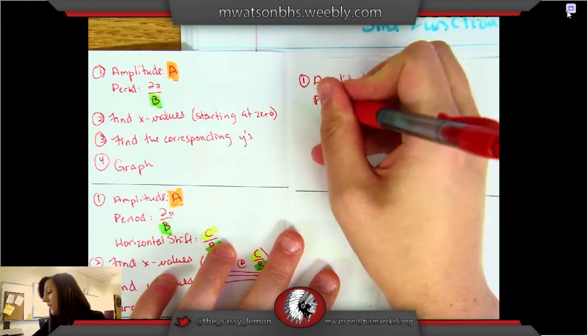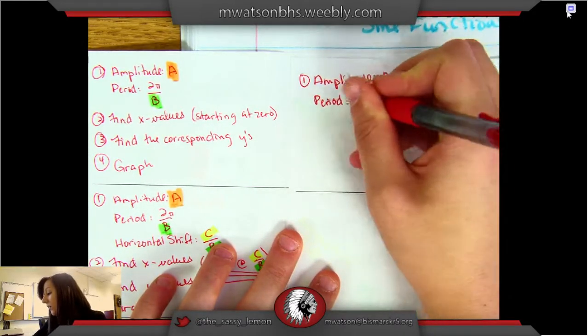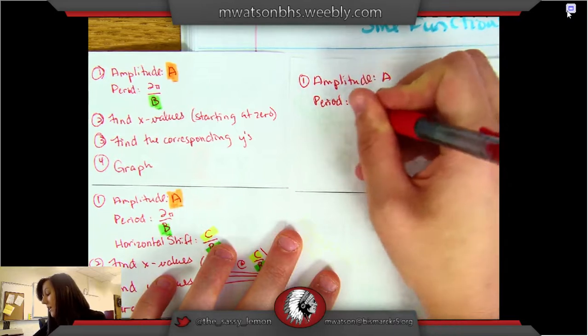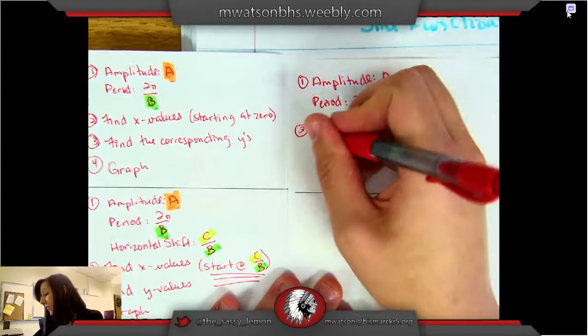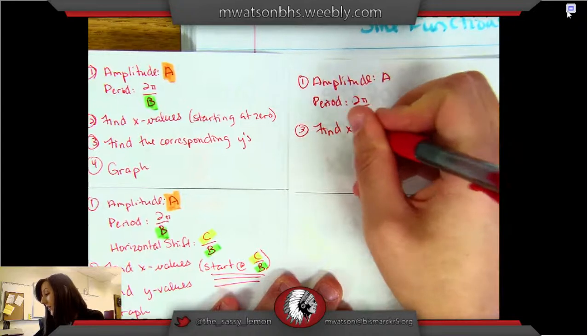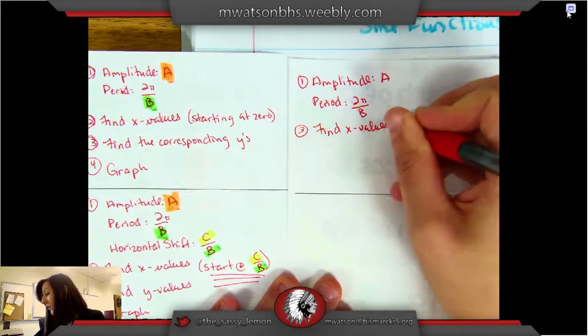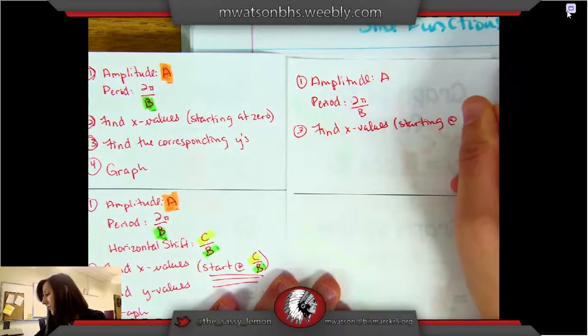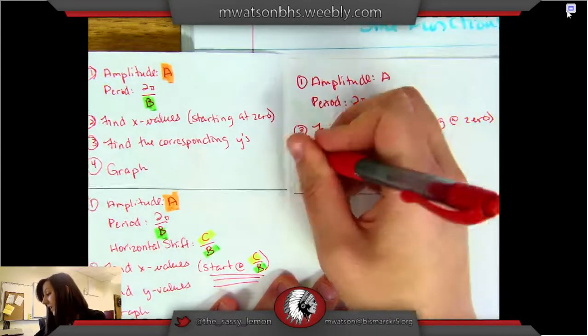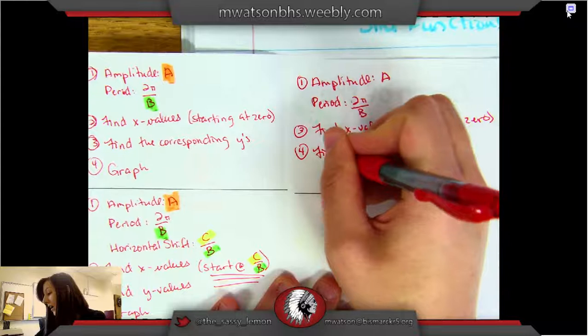Your period is going to be your original period divided by b. Once you identify those two things, then you can find your x values starting at 0. And then find the corresponding y's.